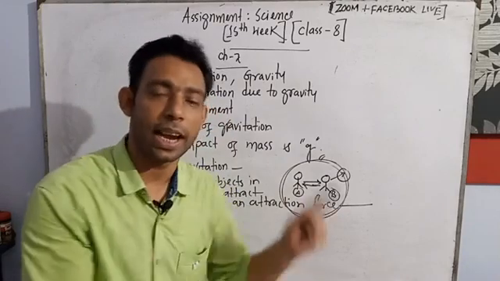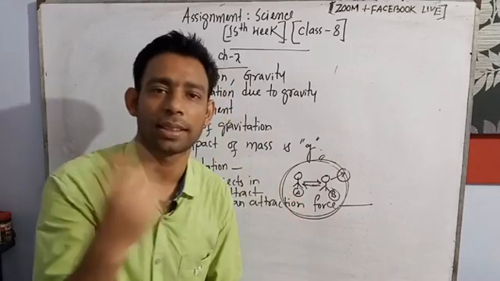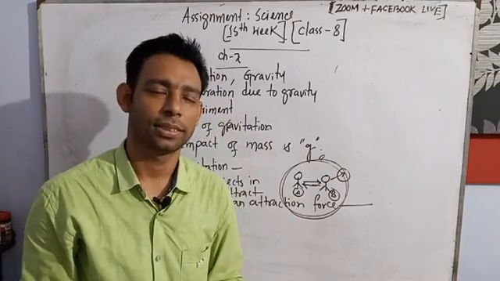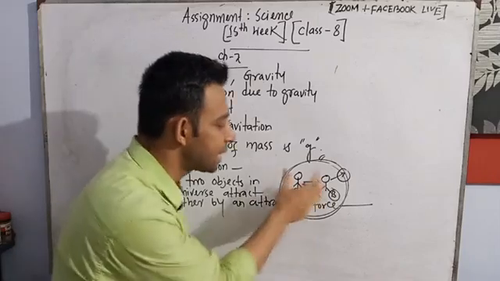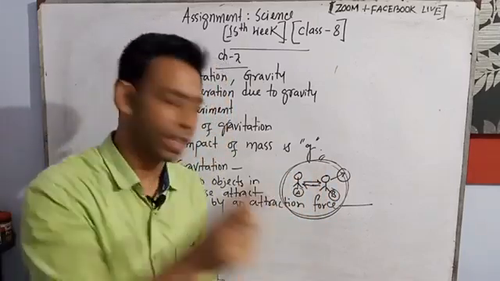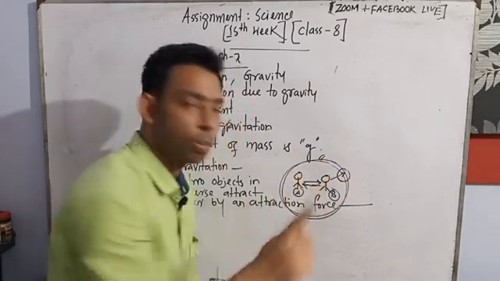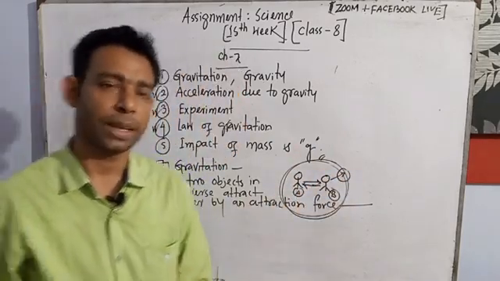Any object attracted to the earth in the universe is gravity. What is gravitation? Two objects in the universe attracting is gravitation, and if one of the objects is the earth and you, that is called gravity.